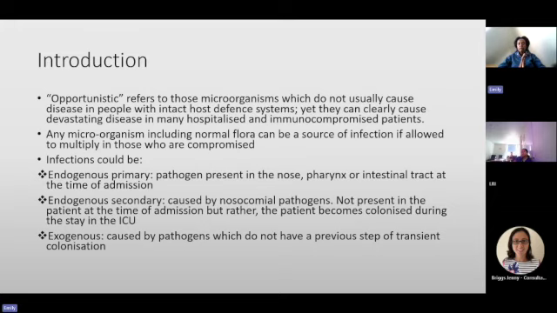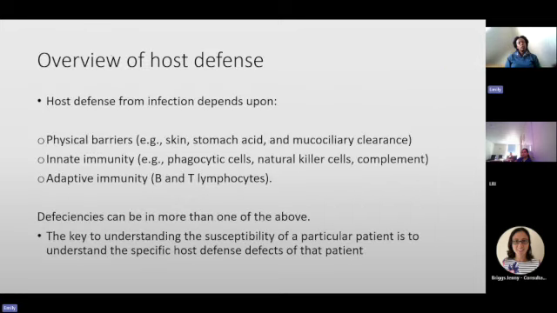It could be something that you have acquired, just nosocomial pathogens, which grow as you are in critical care, maybe because you've been on antibiotics, so they predominate and end up becoming an infection. Or it could be as a result of something that you've obtained that was not in your system from the beginning.